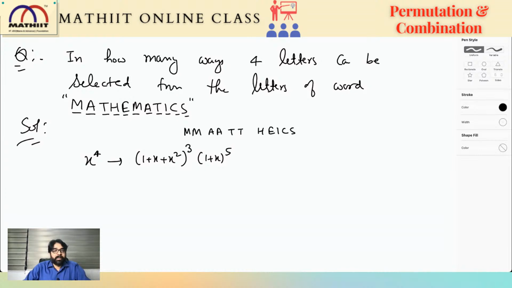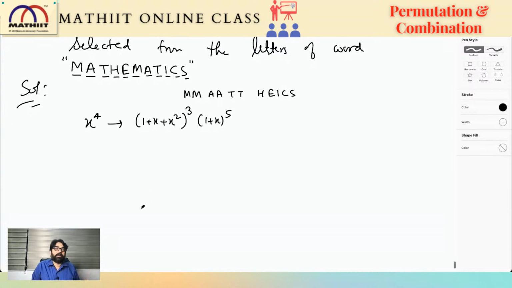Now, slowly you have to build up how to do a question in a short time. Because if you apply the coefficient method and spend 5 minutes to calculate, then it will be of no use. For x power 4, so everything I will try to write in the form of 1 plus x. (1 plus x) into (1 plus x) power 3, into (1 plus x) power 5.